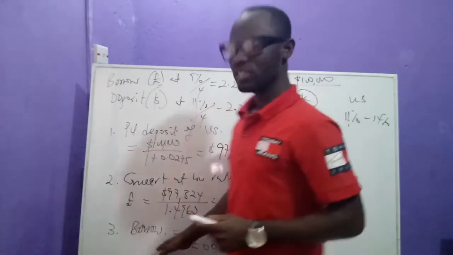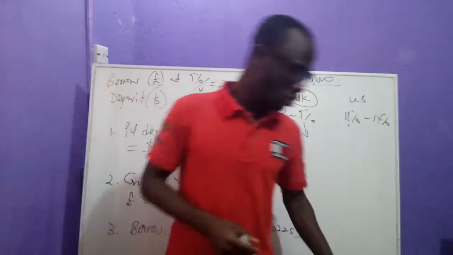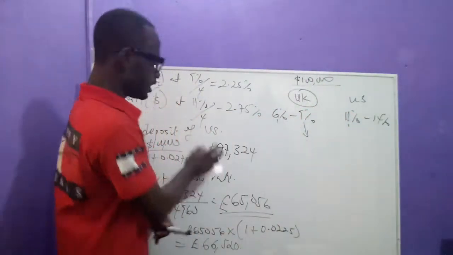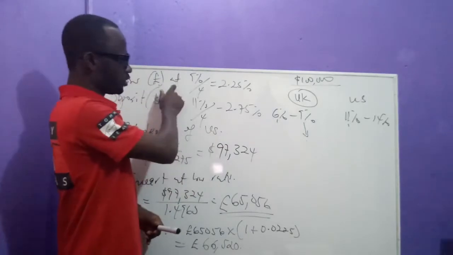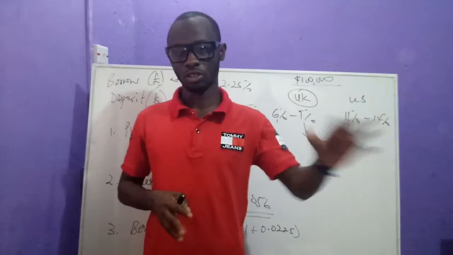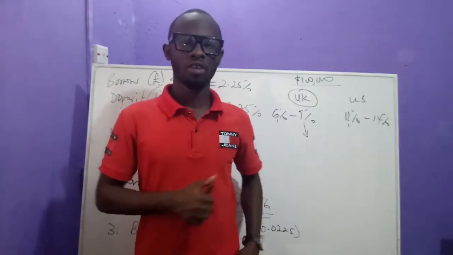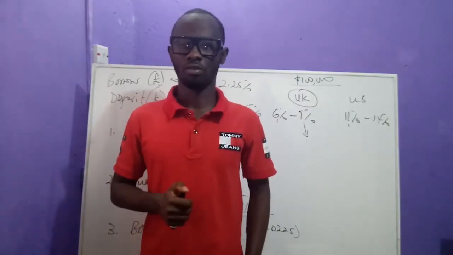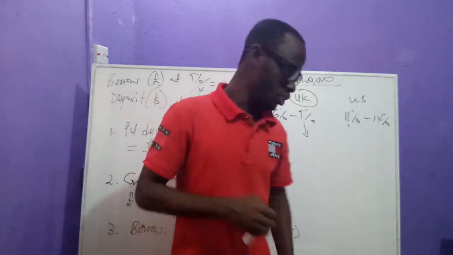So at the end of the 3 months, remember we are depositing this money, so at the end of the 3 months plus the interest, it will be $100,000, and we will use that to pay the amount we have to pay in dollars.